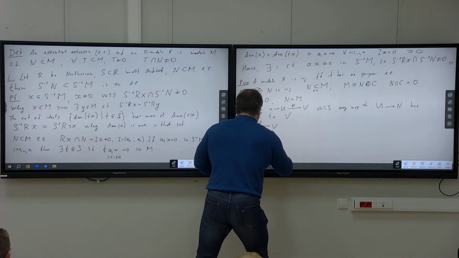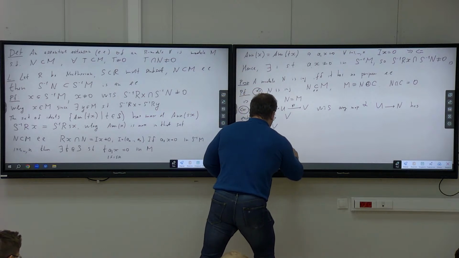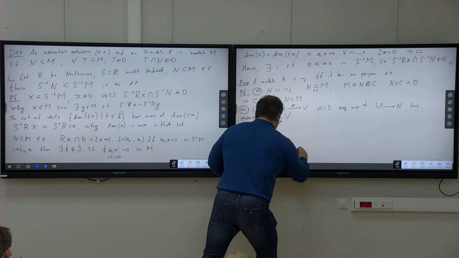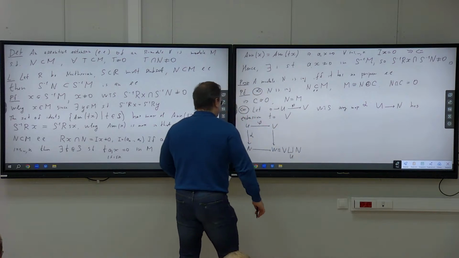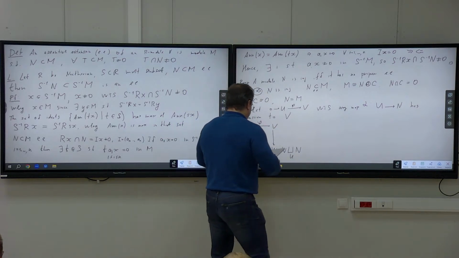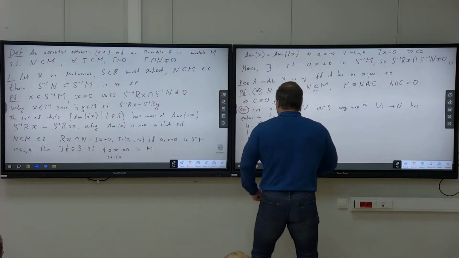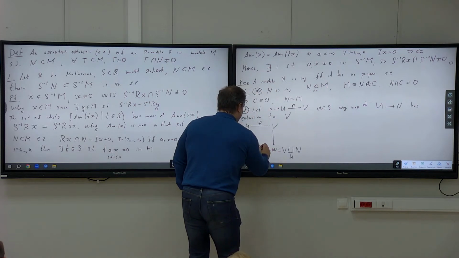Let me denote the push-out by W, a short notation for the push-out of V and N over U. Let's call this map psi.